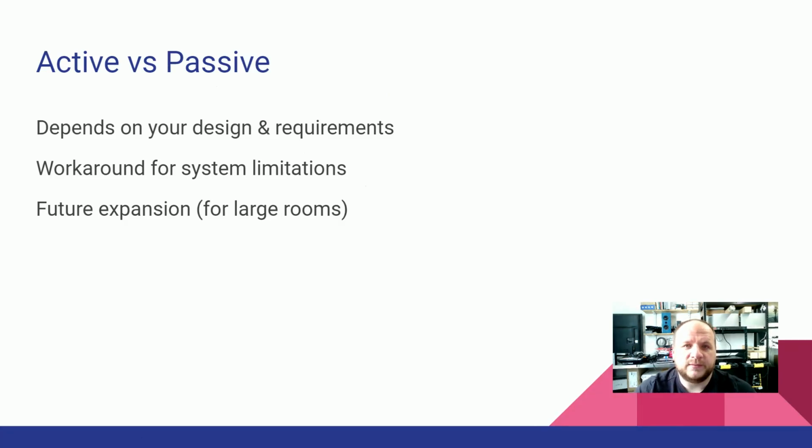So really, if you need to use an active speaker, it will largely depend on your design of your system and the requirements. In some cases it can be used as a workaround for a system limitation, i.e. if you have an AV receiver that say has 7 channel processing but only 5 amplified channels, then you can either send the 2 additional channels to an amplifier and to 2 more speakers, or you can send them to active speakers.